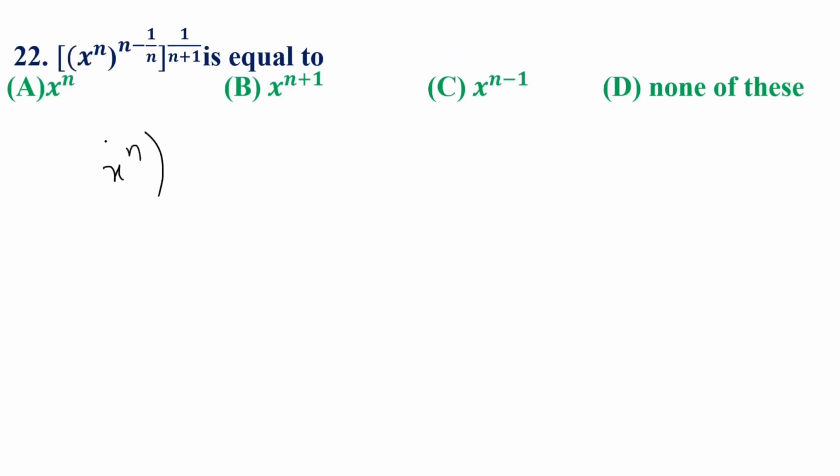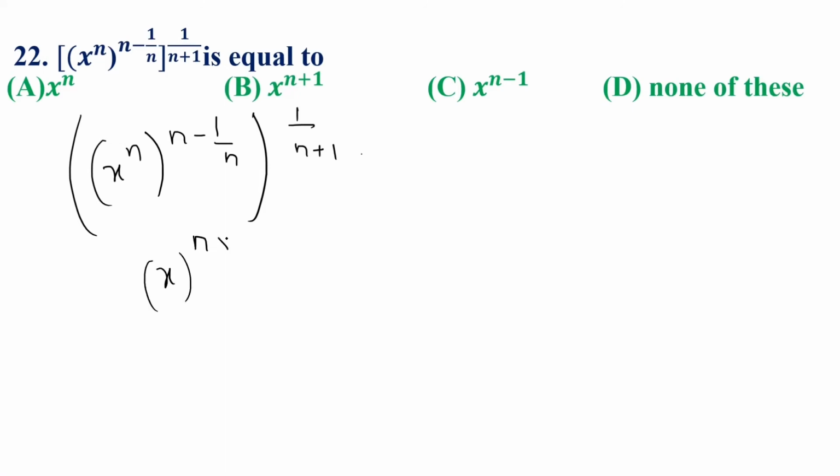x to the power of n whole to the power of n minus 1 by n whole to the power of 1 by n plus 1. Here LCM will be n. So x, here I am taking out n, n square minus 1 by n, and whole to the power of 1 by n plus 1.